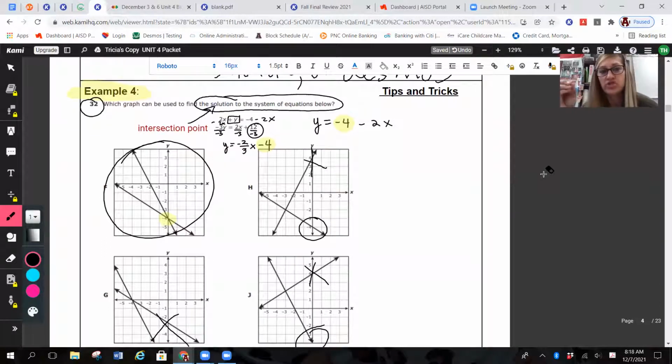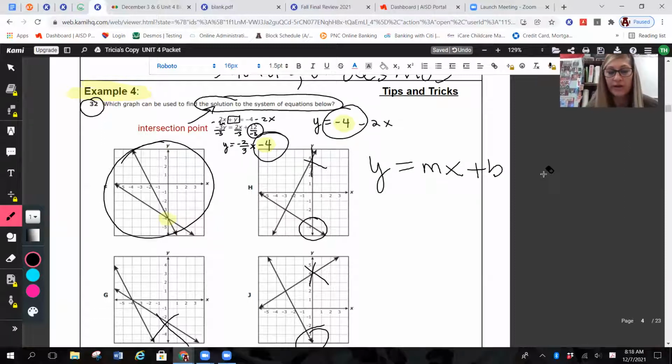So on this question, you needed to rearrange both equations to slope-intercept form: y equals mx plus b. I found that they both ironically had a y-intercept of -4, and this is the only graph with an intersection point at -4.